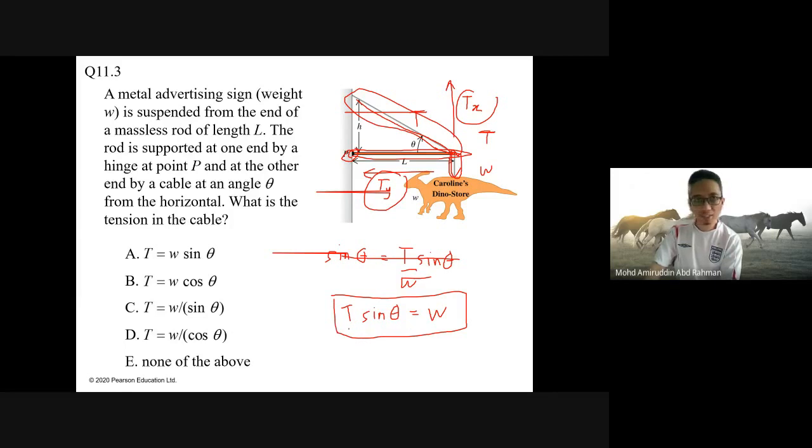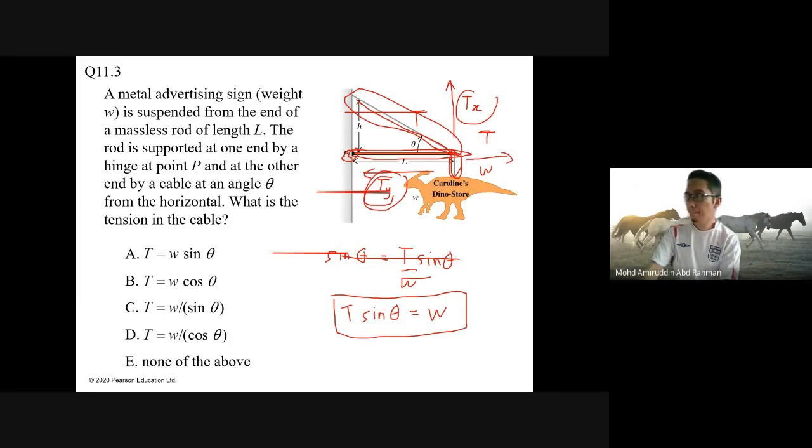Okay, so you have this, right? So how do you obtain it? Why do you choose this? Because you need to find out what your Tx is. So your Tx will be equal to W. So the force on the Y is cancelled out, right? Because over here Ty will be 0, because there is no other force acting in that direction.